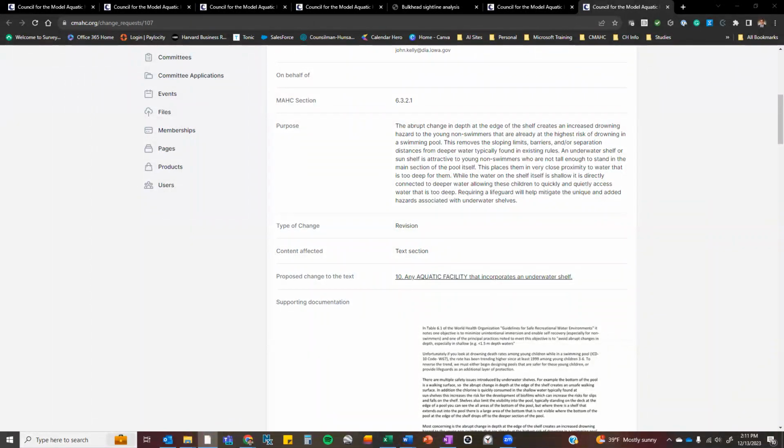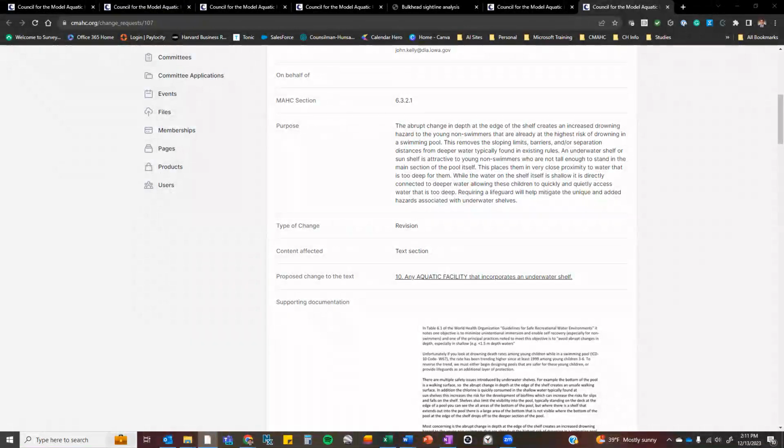I think I would want some more language written in with some caveats, or exceptions to the situation. I think when it comes to a sports club pool or a fitness pool that's typically unguarded, they want to do a shelf, and then all of a sudden it's creating this hazard.